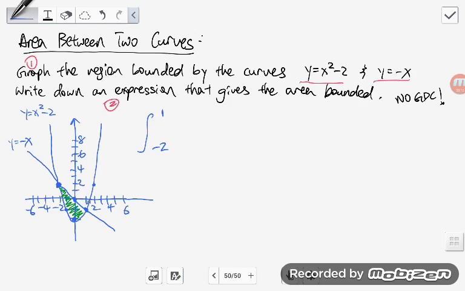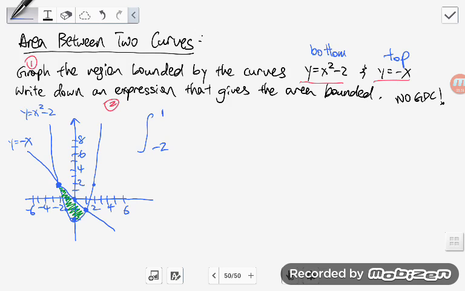That's my intersection point. This is -2, and this is 1. So from -2 to 1, who's on top? This y is equal to -x is on top. Who's at the bottom? The parabola is at the bottom.